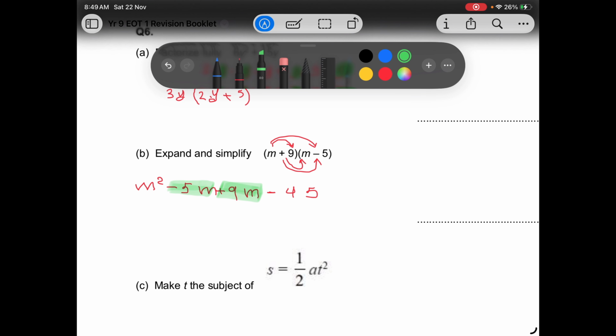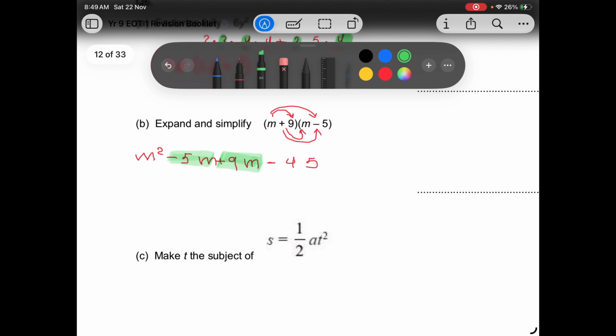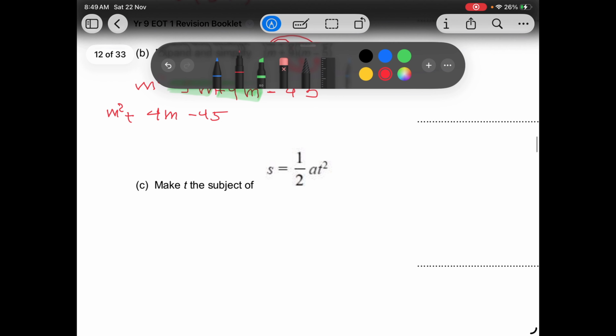So minus 5 plus 9, what you have to do is to combine minus 5 and plus 9. Minus 5 plus 9, this is obvious, it will be 4m, so m squared plus 4m, of course, minus 45, and this is the expansion here, students.